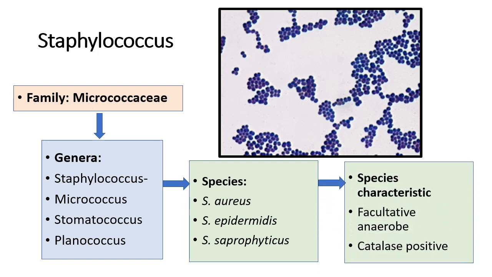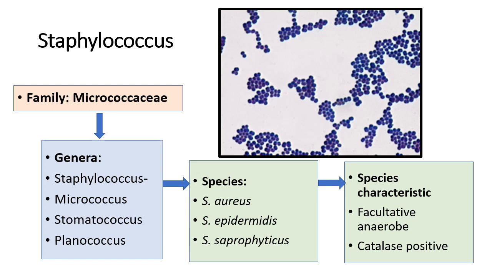Now, what is the characteristic of these species? You must understand that a family has a group of characteristic traits which are common, and then they are divided into genera which will have some traits in common, and then the species will have some traits in common, and then there are some which will distinguish them.